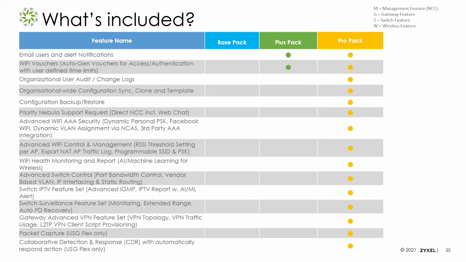Advanced AAA features. Again, this is something you would probably use if you're doing some sort of paid hotspot network that requires ProPack. That advanced Wi-Fi artificial intelligence that we already mentioned earlier, that's a ProPack feature.